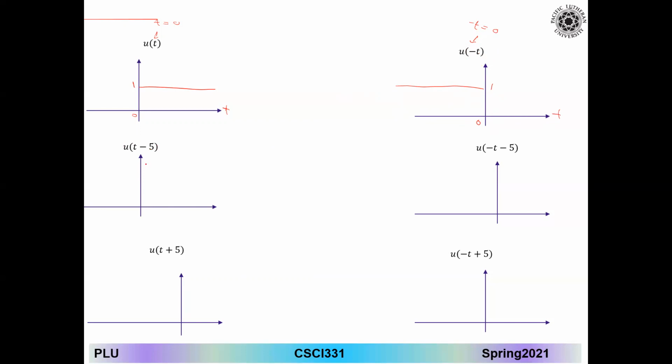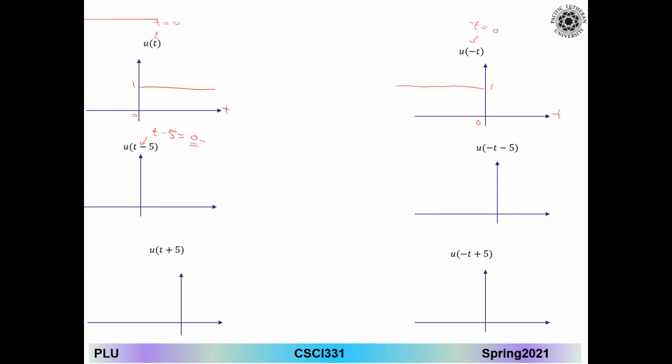Let's see the shifts. Here is u(t-5), for example, and here is u(t+5). How can I identify where the step point is? I know u(t) is 1 in the positive direction. What about minus 5? Similar to the way we did before, you take the quantity inside the parentheses, in this case t minus 5, and set it equal to 0 to find the step point.